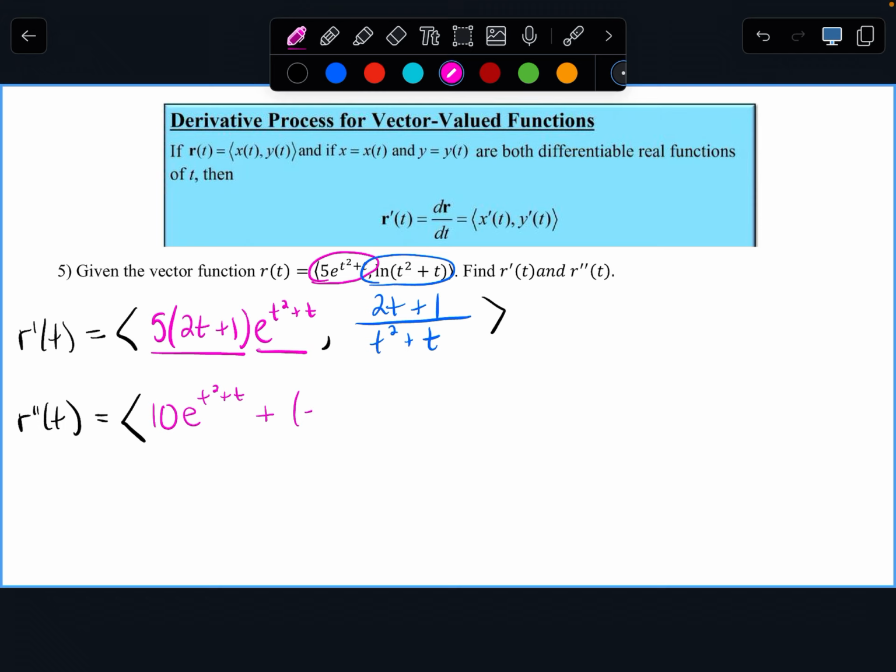I'll just do it. It'd be 2t plus 1 e to the t squared plus t, and then times the first, which gives you the 5, right? And then this ends up being, you now have 2 of them.